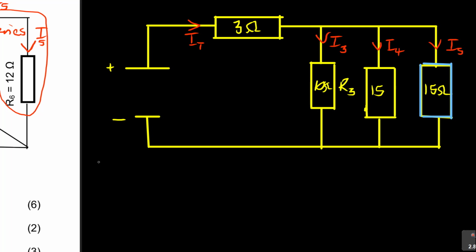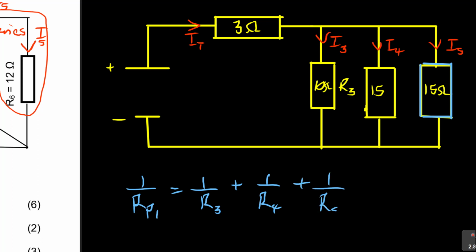Remember, after adding, I apply the formula: 1 over R parallel 1 is equal to 1 over R3, plus 1 over R4 for I4, plus 1 over R5 for I5. I'm using the same current that I was using.